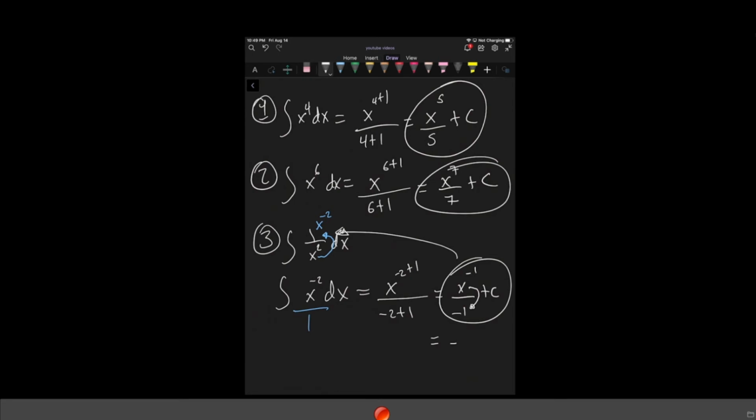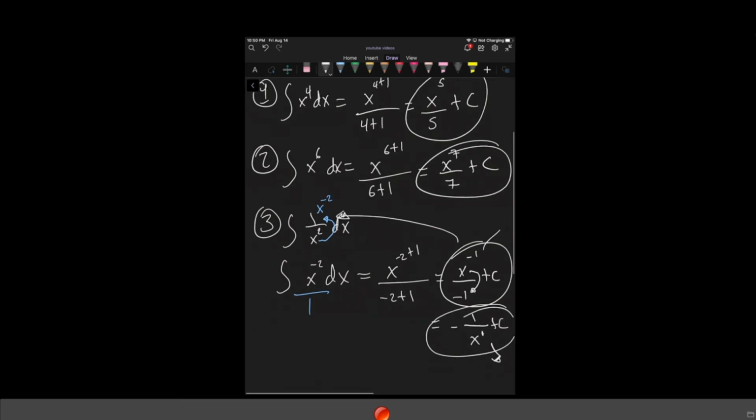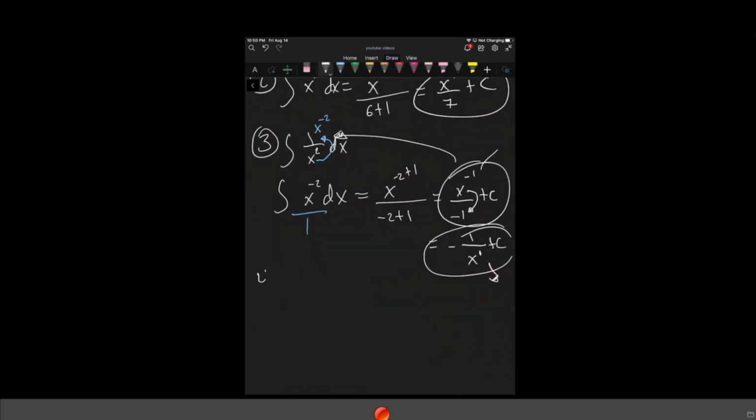Once you do it, you can set your exponent as positive, and plus c. So both answers are correct. If you want to leave it this way, you can, and if you want to do it this other way, you can also do it. So let's do one more example.